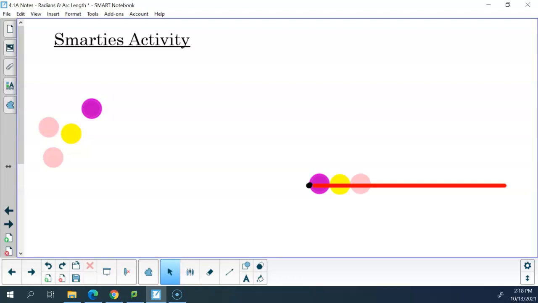So we're going 7 Smarties wide here, along your line. Three, 6, 7. 7 Smarties wide on your line. Okay?